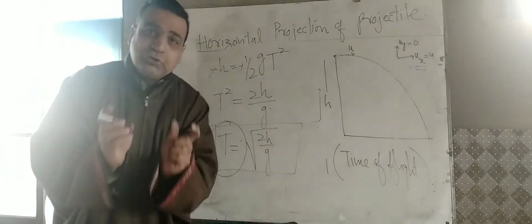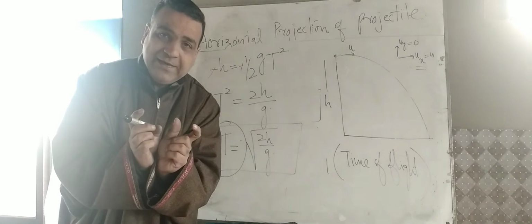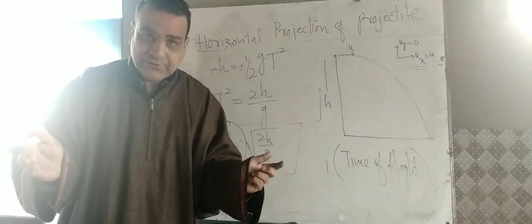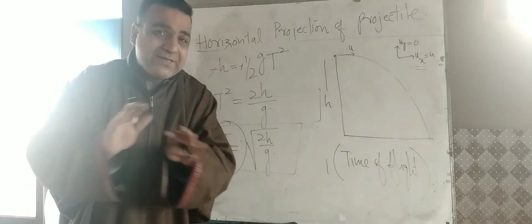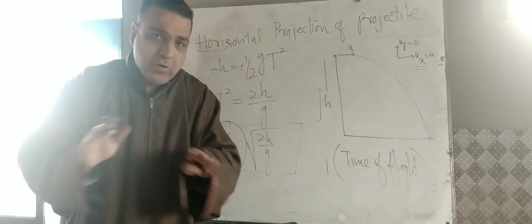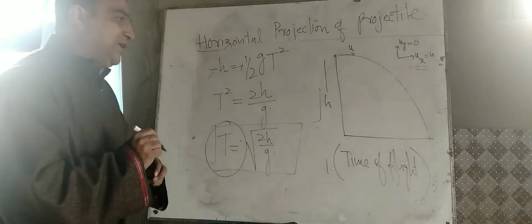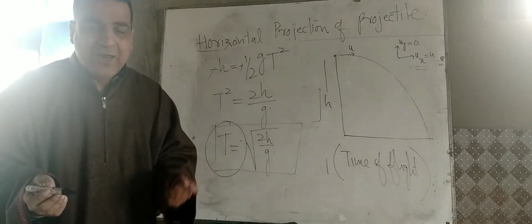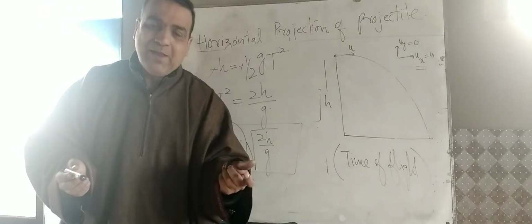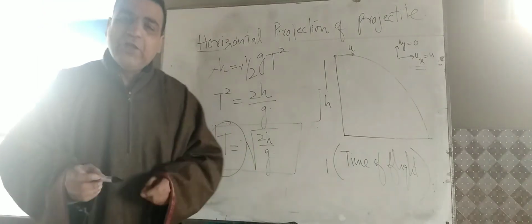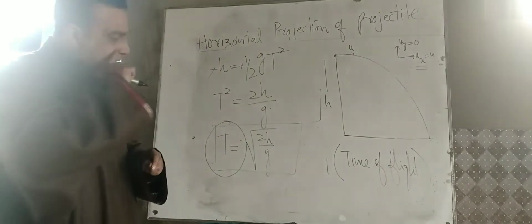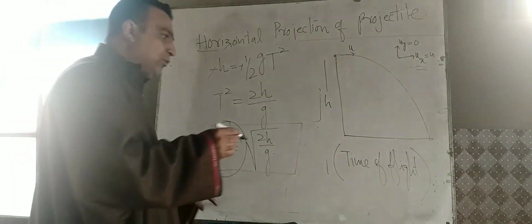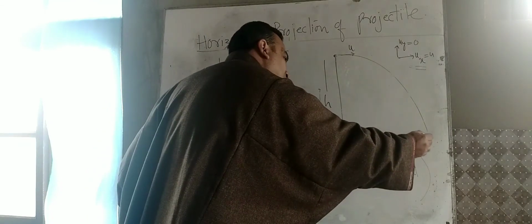So if you shoot two projectiles in air having different masses, and assuming that there is no air resistance, the air resistance is 0, the two projectiles with two different masses, maybe one mass is 1 kilogram, another mass is 5 kilogram, you shoot them with the same velocity horizontally, they will reach the ground at the same interval of time.